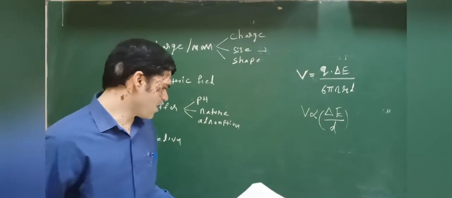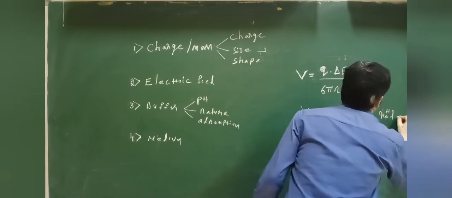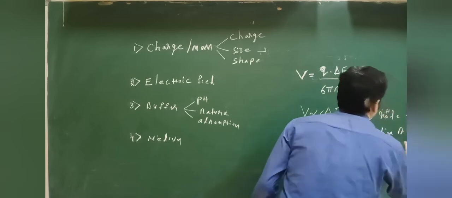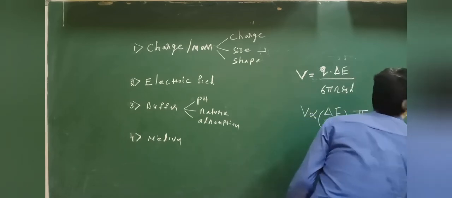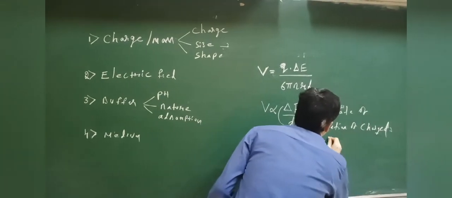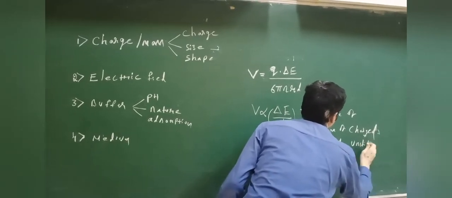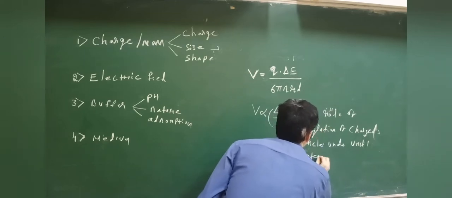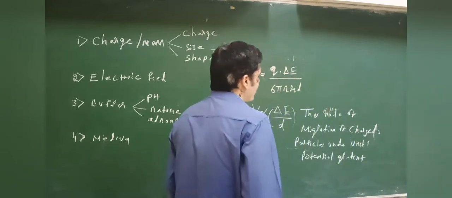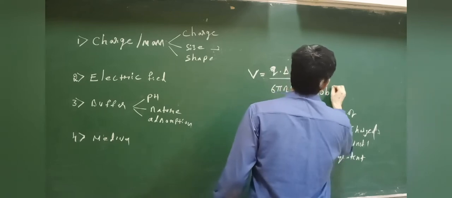Now the rate of migration of a charged particle under unit potential gradient is called electrophoretic mobility or mobility of ion.